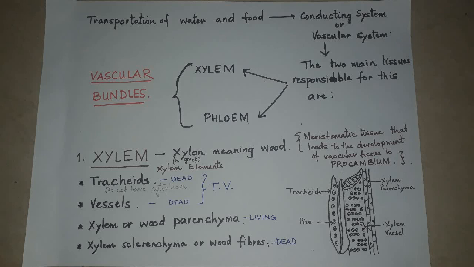And tracheids and vessels, you all love to watch TV, isn't it so? So TV, that is how. That means TV, XP and XS. So this is all about the transportation in plants part of it.